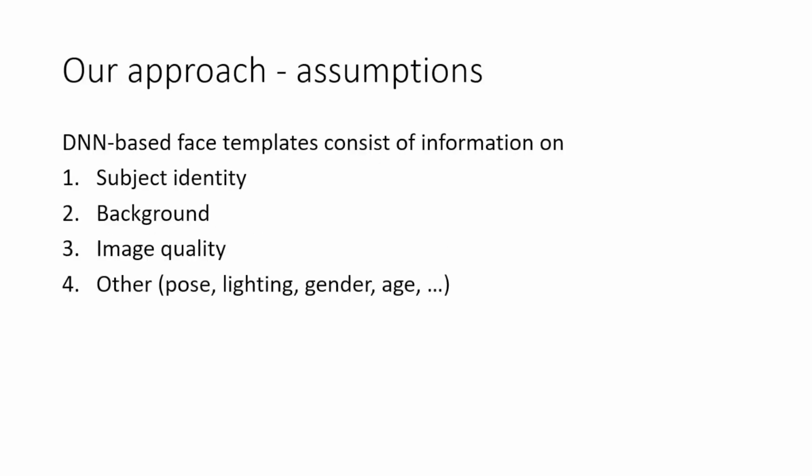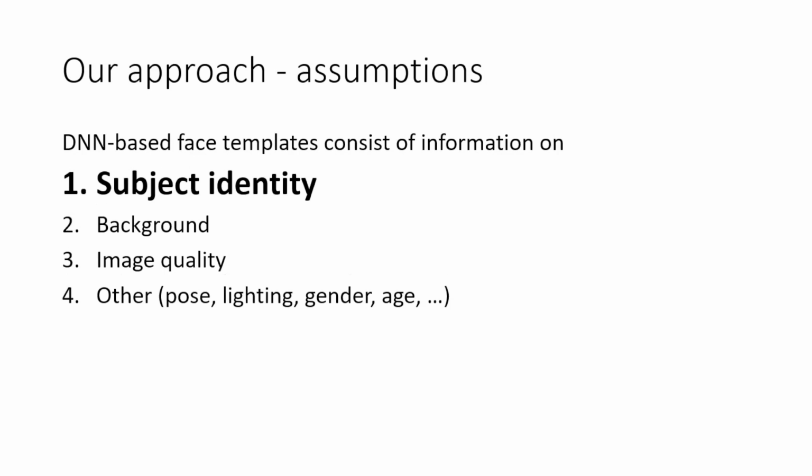So our approach assumes that face templates extracted by deep neural networks include at least some information on the identity of the subjects, as well as other factors such as background, pose, lighting, gender, age, and image quality. Of course, we're primarily interested in the information about the identity of the subject.